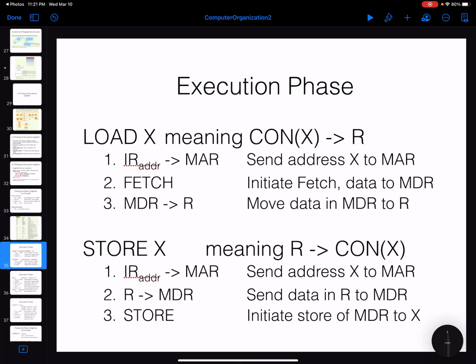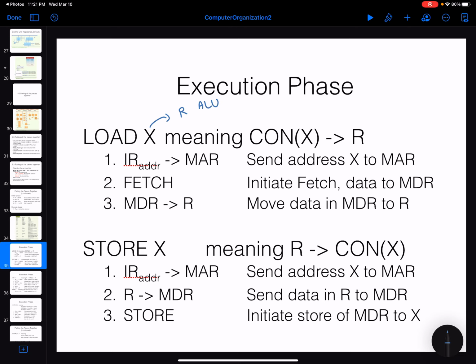So if we have something like load X, when the instruction is going to be load, a couple of things need to be done. Load X means that the content of the address X in the memory should be loaded to the register R inside the ALU.